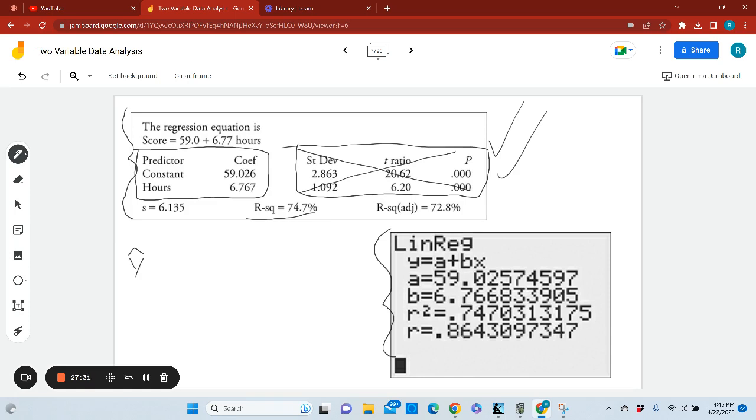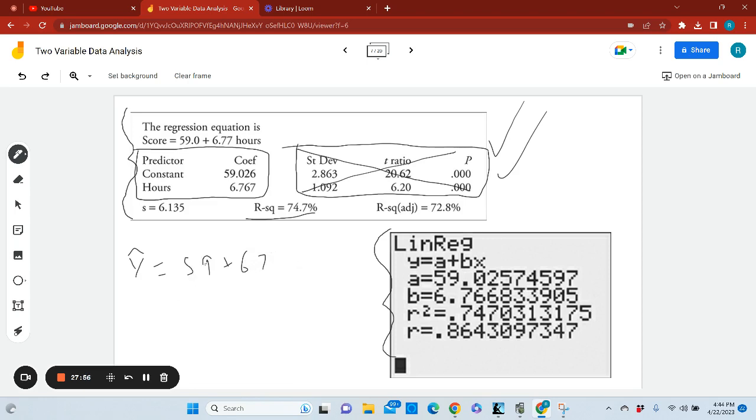There's no law that says if you study for X amount of hours, you have to get a certain score on the exam. It's just our best prediction. So y hat is going to equal 59, that looks like the y-intercept, plus 6.77x. All right. And there is your linear regression equation.